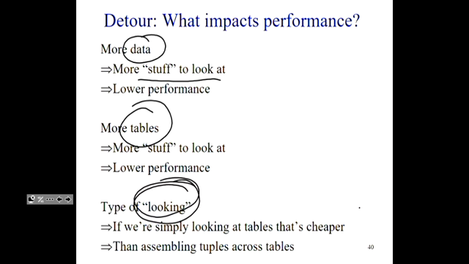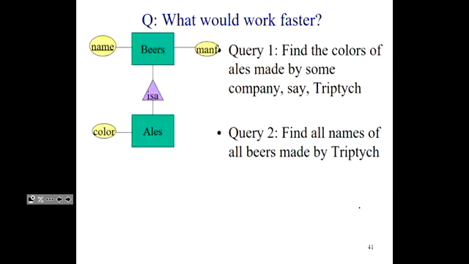Okay? So there are lots of things that can impact the performance of how a query gets executed on a database. But even without getting into those details, we can talk about which query would work faster or which approach would be faster for each of these two queries. So do you guys have any guesses for query 1? Let's say I want to find the colors of ales made by some company.